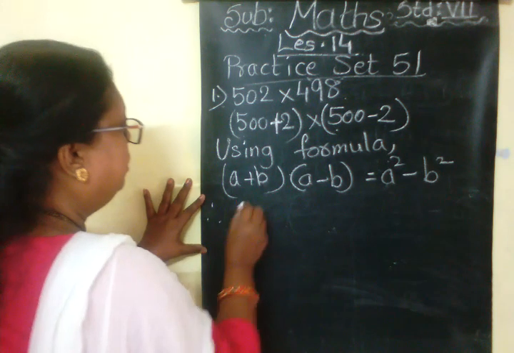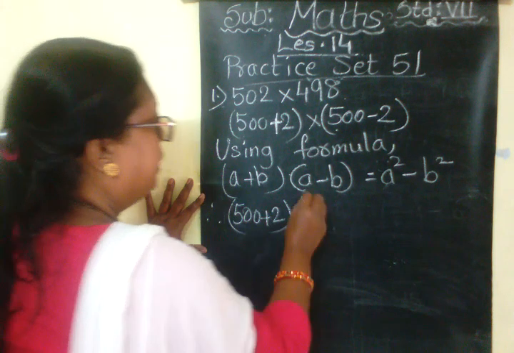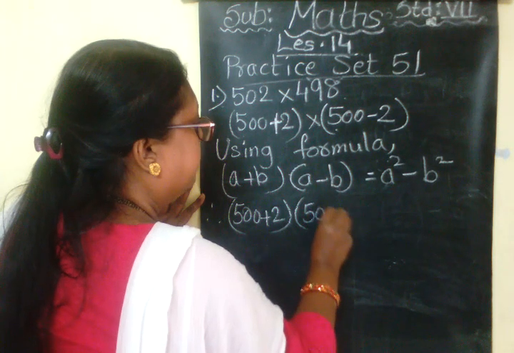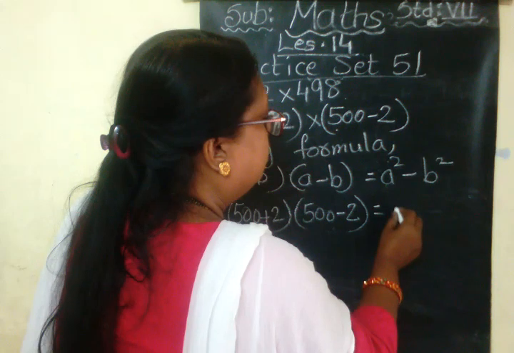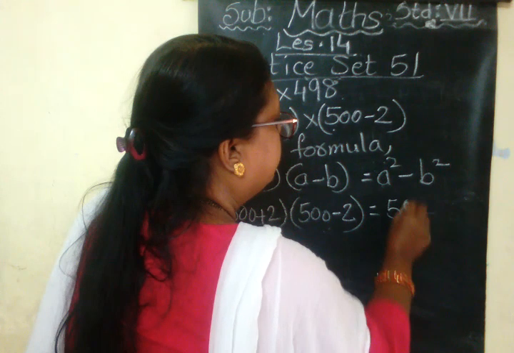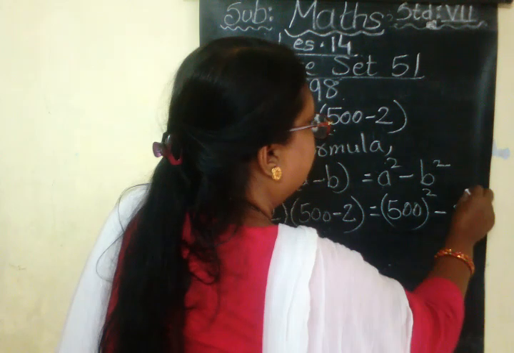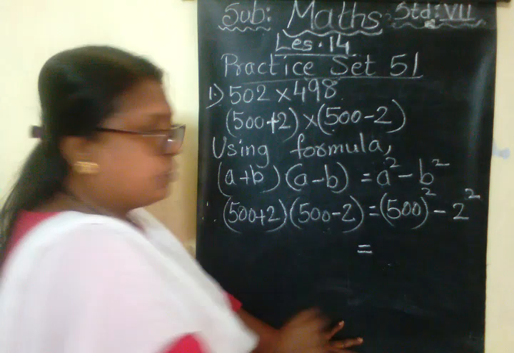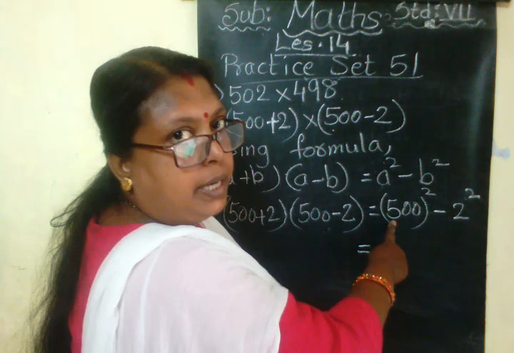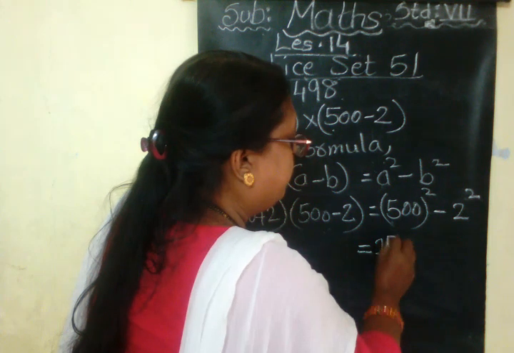So therefore 500 plus 2 multiplied by 500 minus 2 is equal to 500 square minus 2 square. Now 500 square, as I have taught you in the previous lecture, whatever number is there, write its square. The square of 5 is 25. So I will write 25 here.